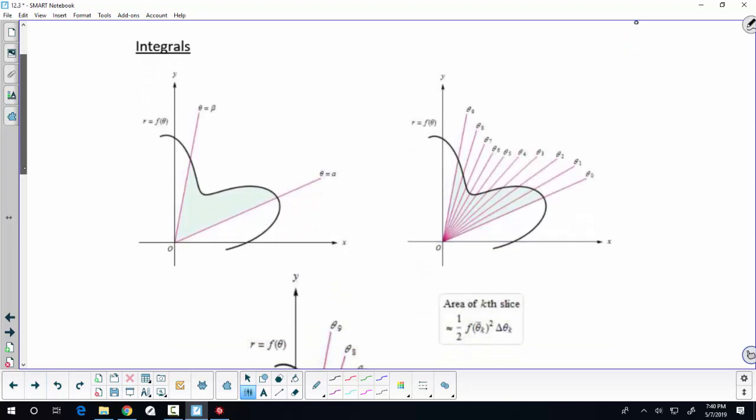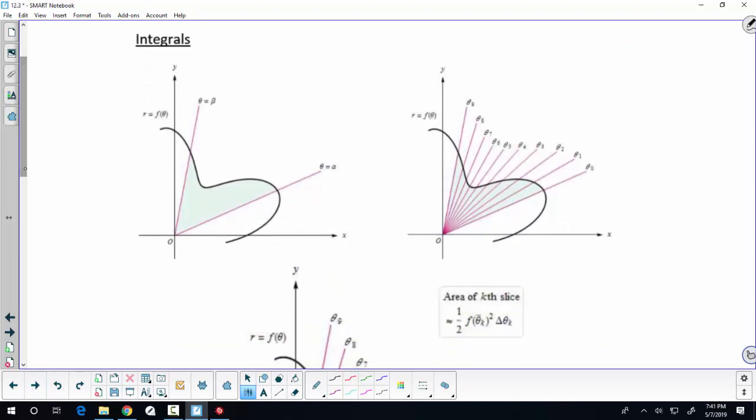We could talk about now finding area in polar. It's the same notion as when we found areas in rectangular coordinate systems, where we said, here's this region, let's slice it up, see what kind of shapes we make, and then sum up all of those areas of the rectangles. Same principle.